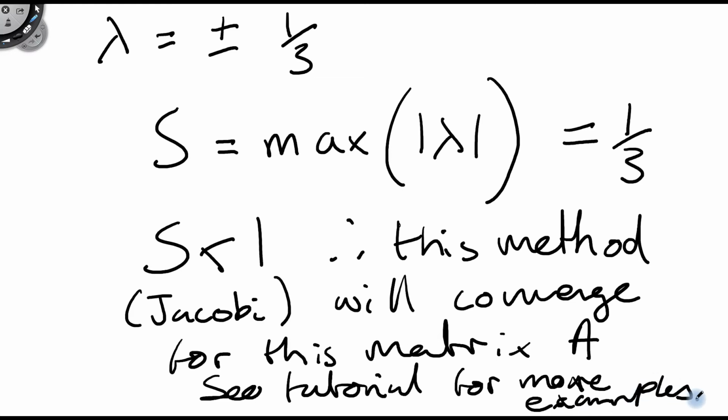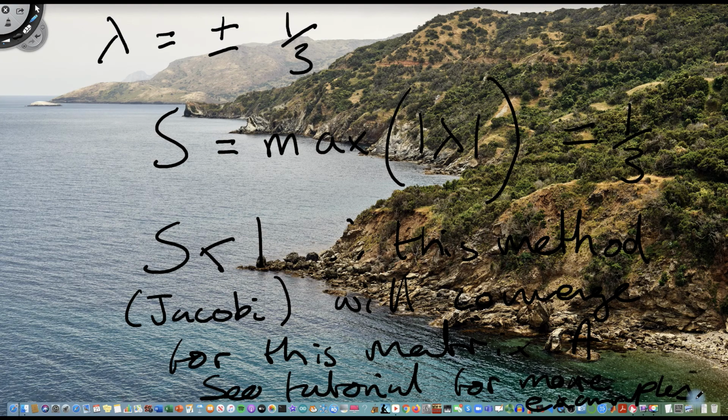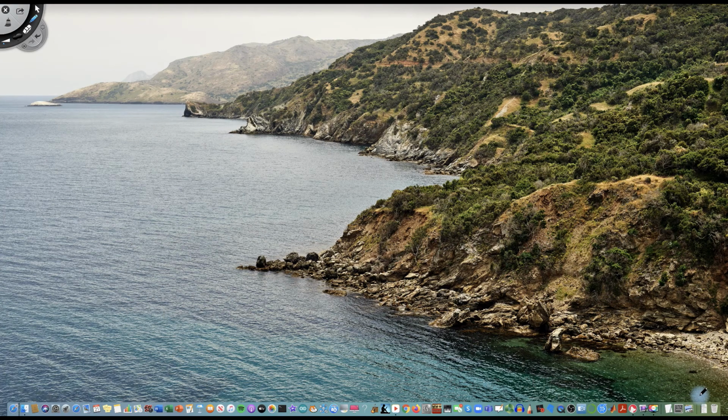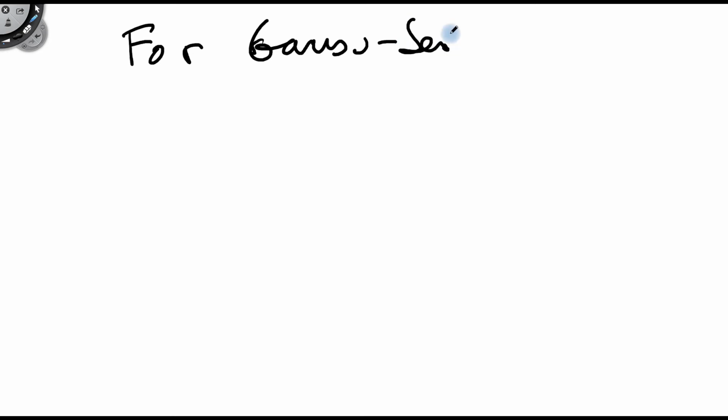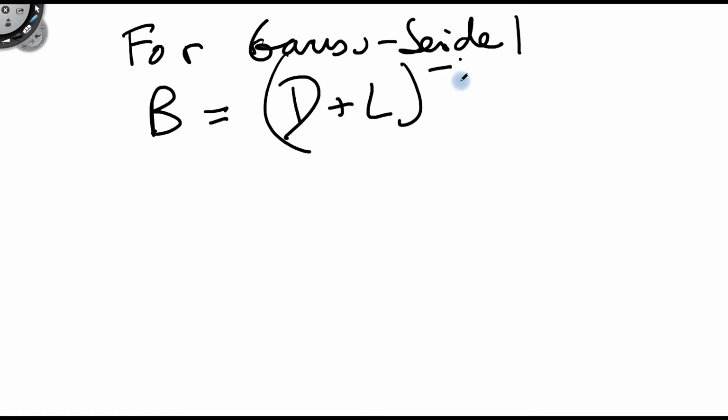Okay. So for Gauss-Seidel, we know that B is D plus L inverse U, and if you fancy it, you could evaluate B for the Gauss-Seidel case.